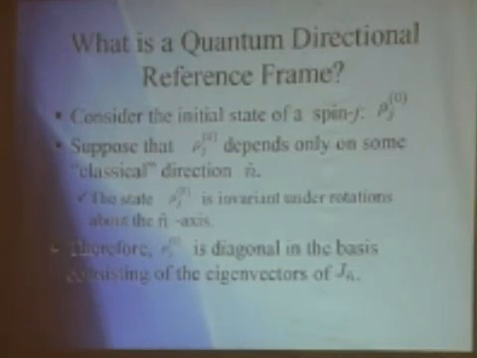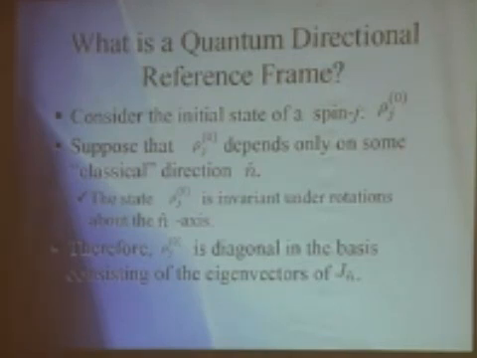Now, one of the properties that we want of my quantum reference frame is that it depends only on a certain direction in space. Let's call the direction in space n hat. Then, since the quantum reference frame only depends on the direction n hat, any rotation around n hat must not change that state, the density matrix.